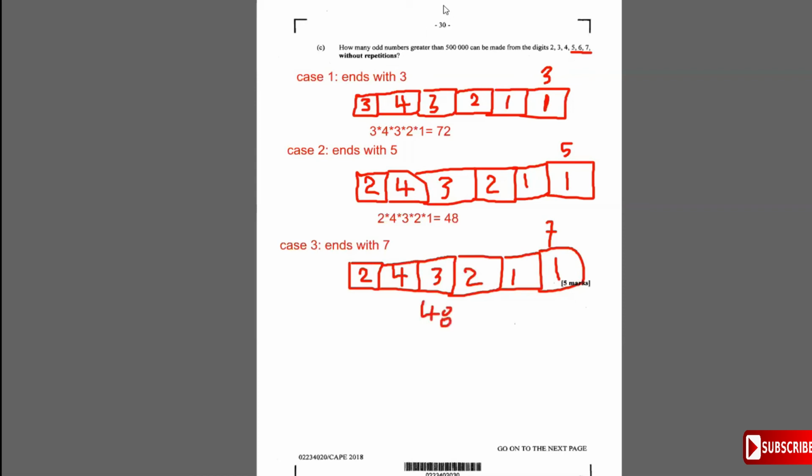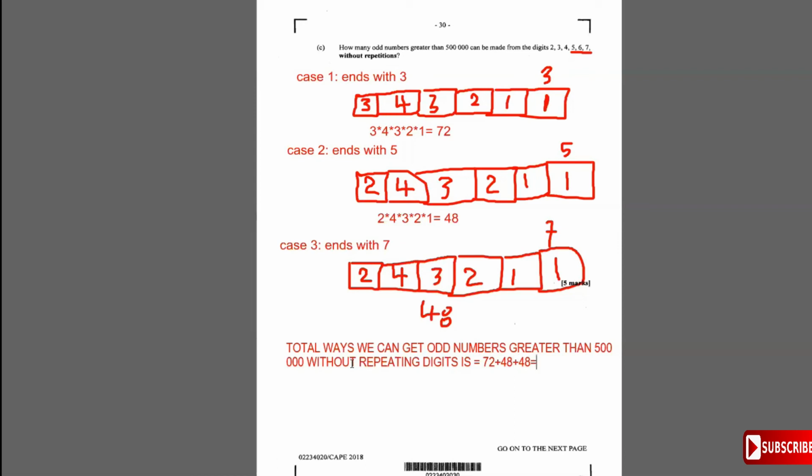So add them up and get the total possibilities. So the total ways we can get odd numbers greater than 500,000 without repeating digits is equal to 72 plus 48 plus 48.